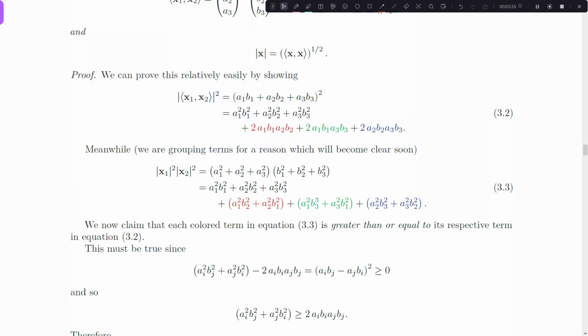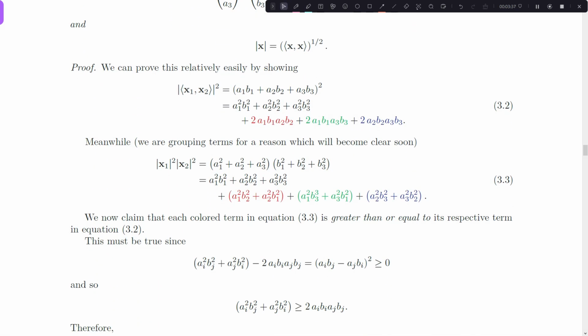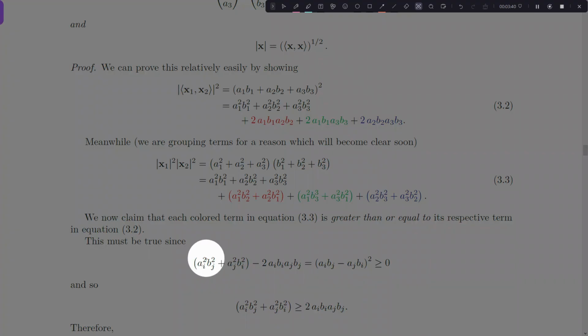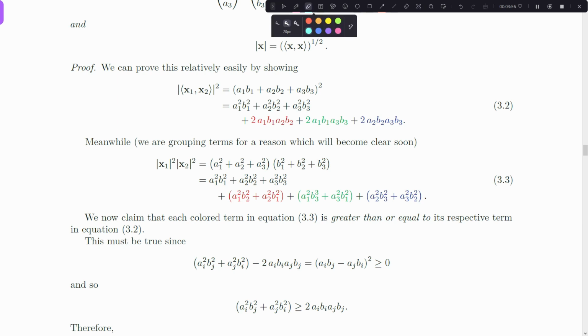So if I scroll down, it's not too difficult to see that if I were to take the bottom term and subtract the top term, so this is the bottom term minus the top term, I can rearrange that quantity as another quantity squared. But any quantity squared, no matter what real number I take, because this is definitely a real number, if I square it, it has to be greater than or equal to 0.